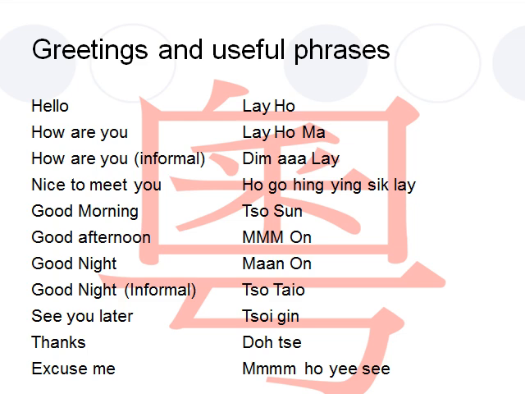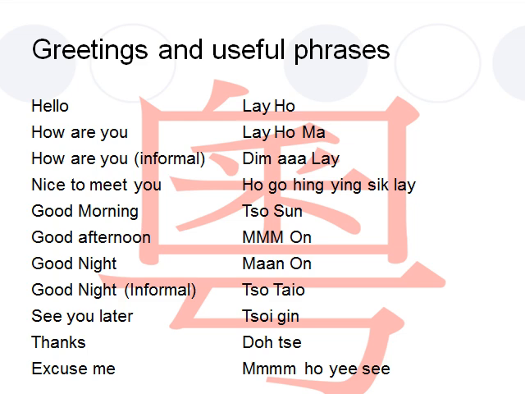Now for thank you, you just add you at the end, adding 你 to the end of thanks on this slide. So thank you, you would say 多謝你. Thank you is 多謝你.